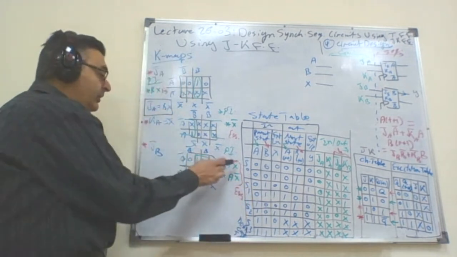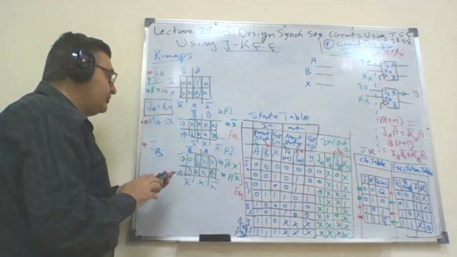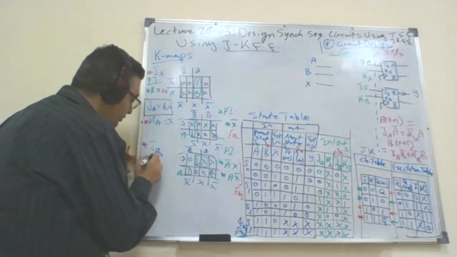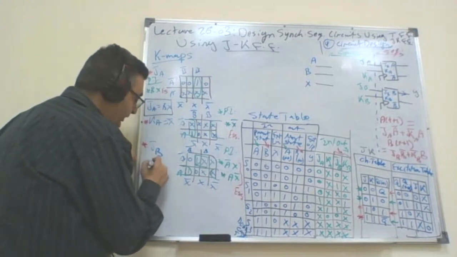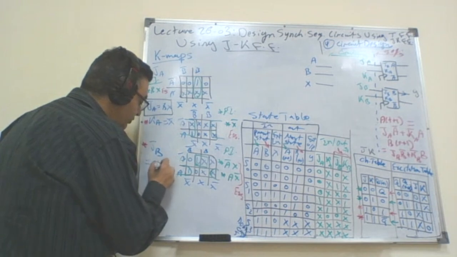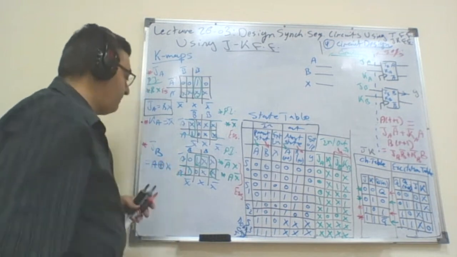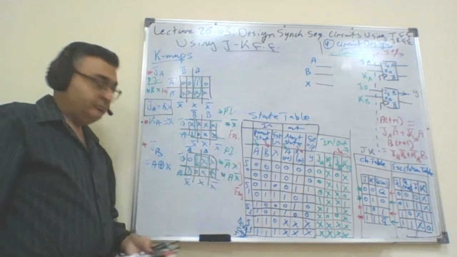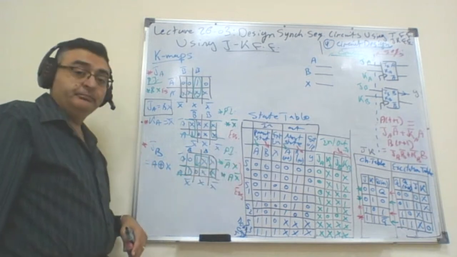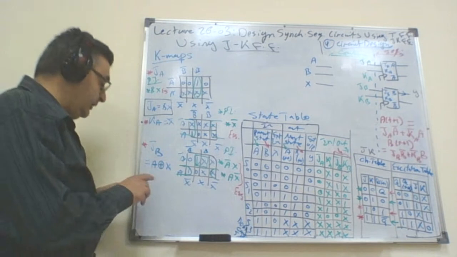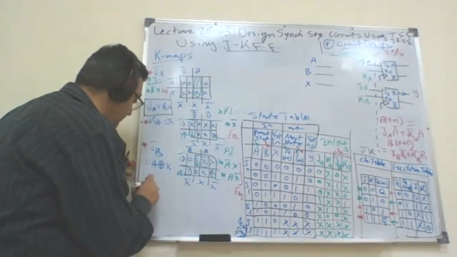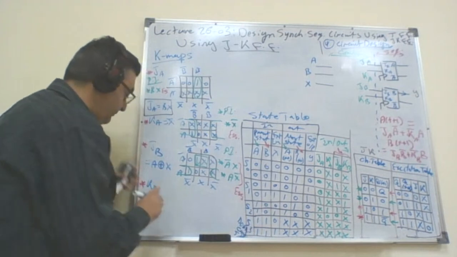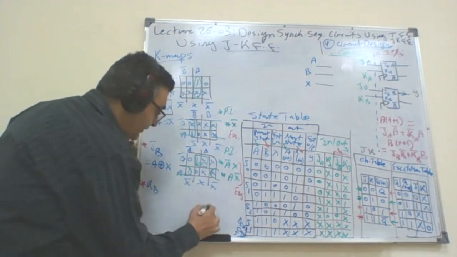And A bar X, AX bar, this is simply XOR, so JB equals A XOR X. A bar X, A X bar, so XOR between them. Agree? Last one is KB.